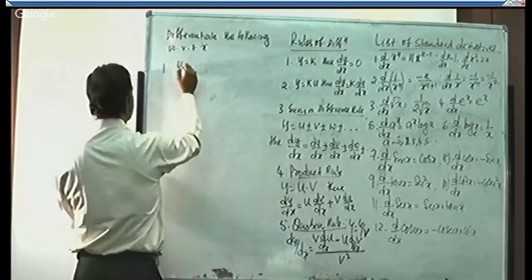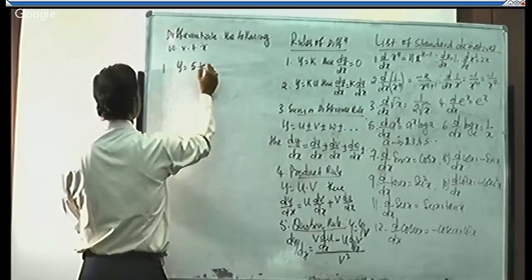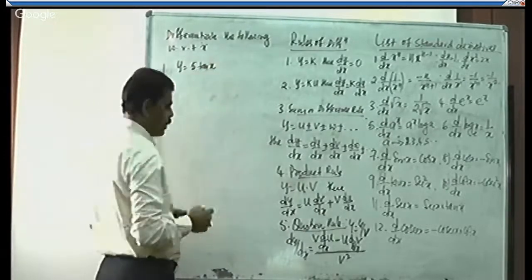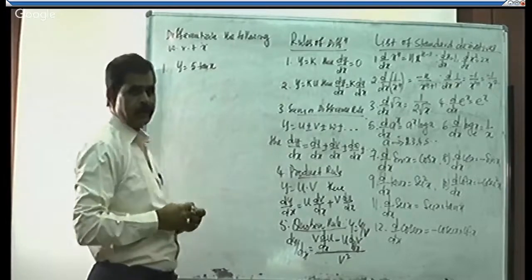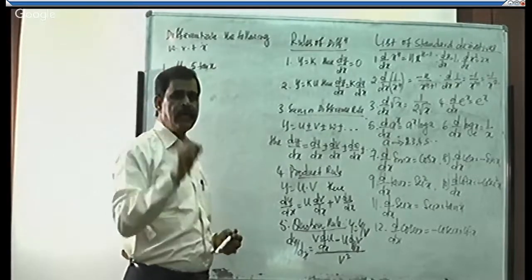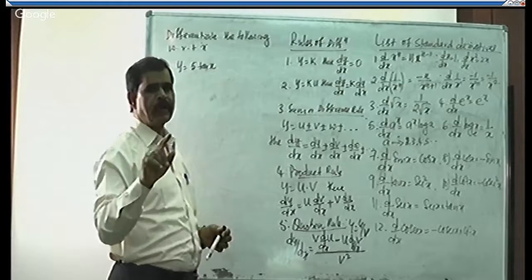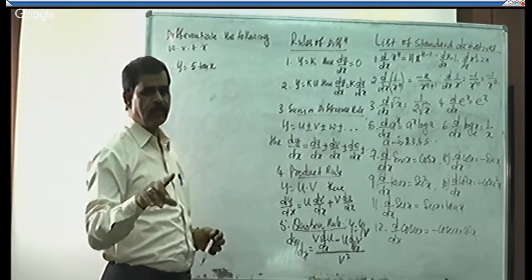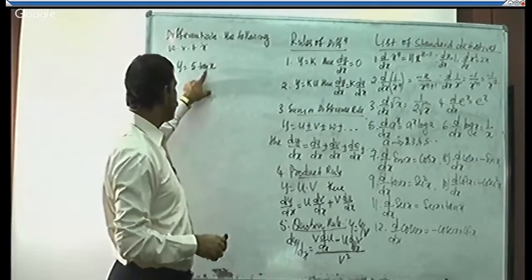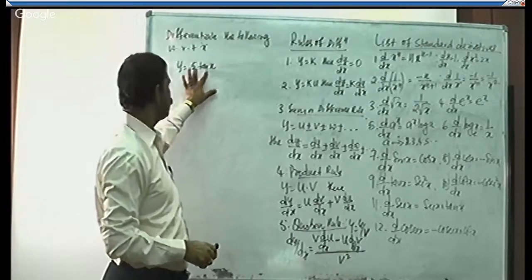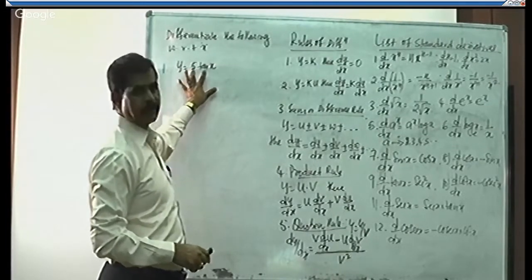Y is equal to 5 tan x. If it is having only 5, it will be treated as a constant whose derivative is 0. But here we have a product of a constant and a variable x term.